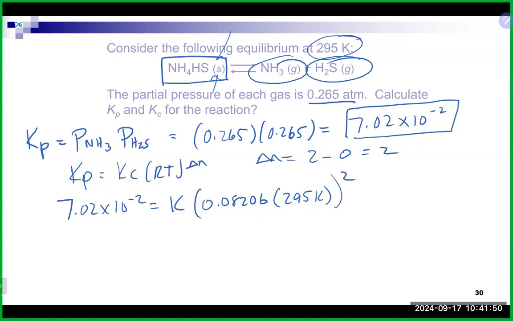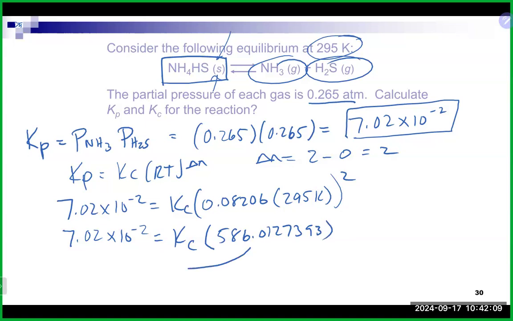So cleaning up the right-hand side and doing a little squaring, that's going to give us 7.02 times 10 to the minus 2 equals our Kc times 586.0127393. We're going to take that, obviously, and divide it to the other side. And that will get us a Kc of 1.20 times 10 to the minus 4.